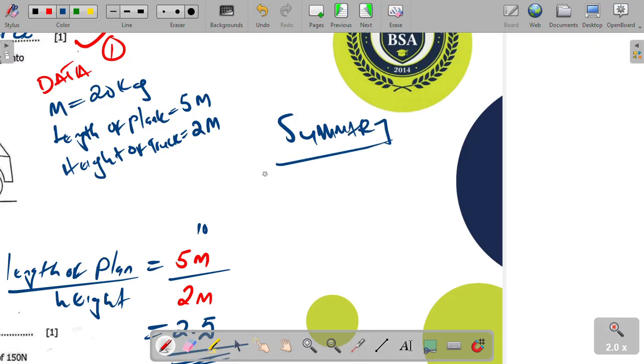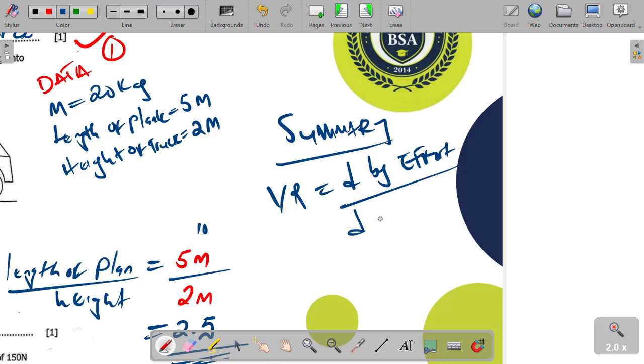Summary. Velocity ratio formula: distance moved by the effort over distance moved by load.